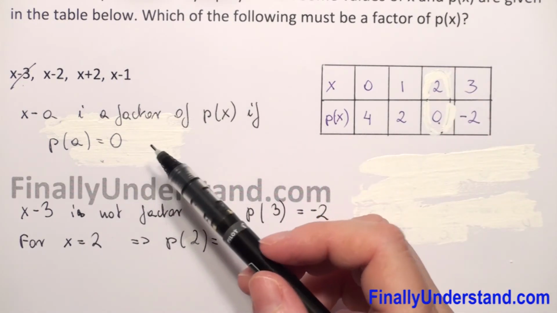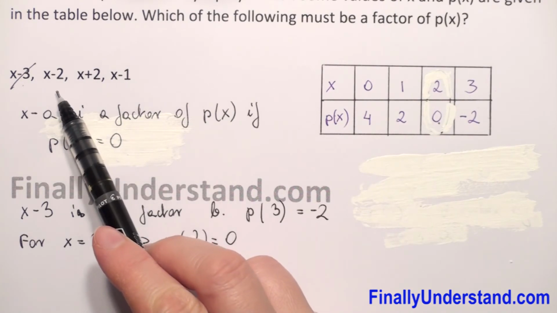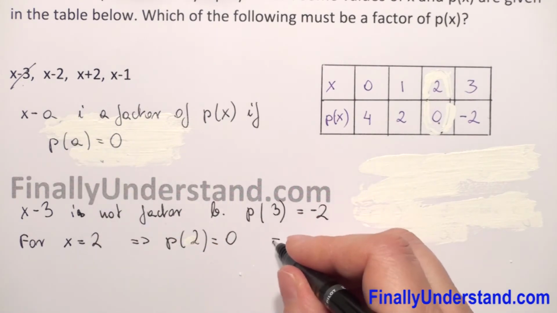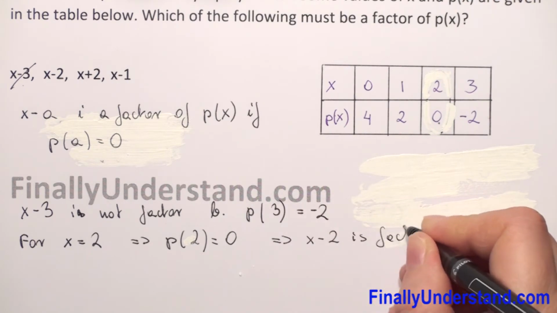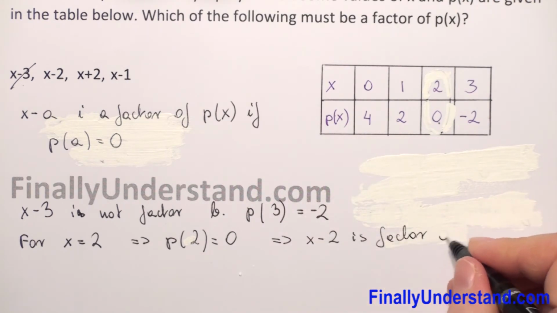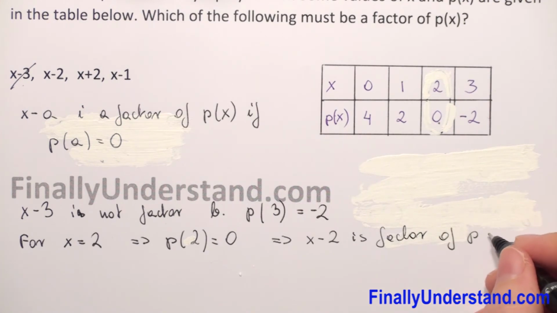So what we can say? That x minus 2 is a factor, so it means that x minus 2 is the factor of p, of our polynomial p.